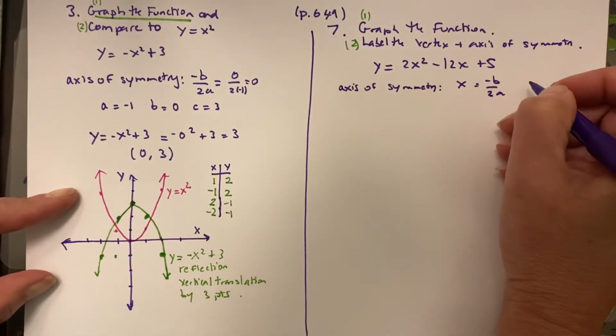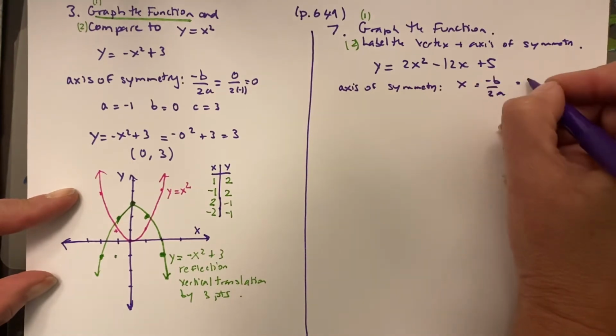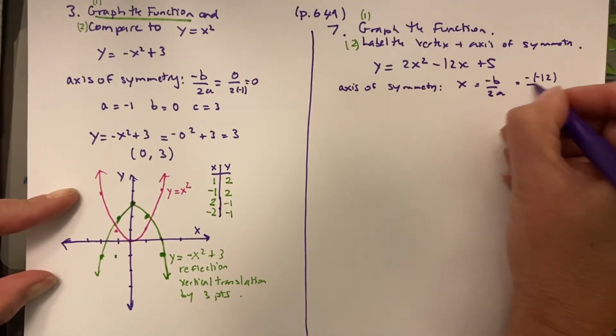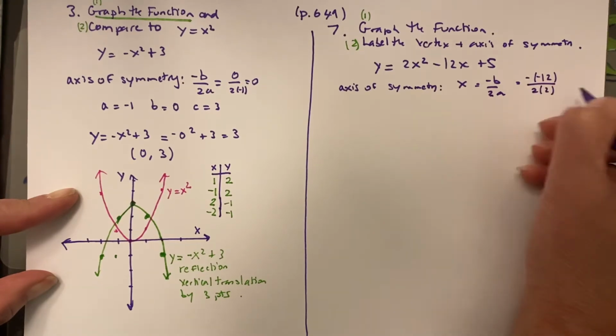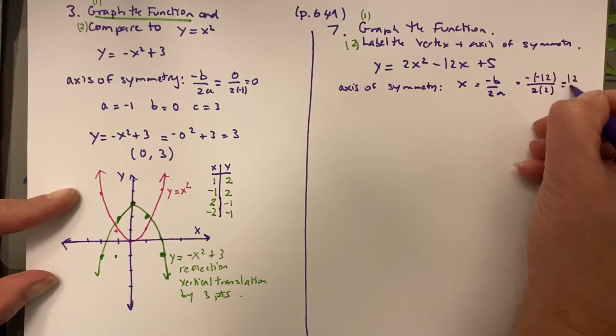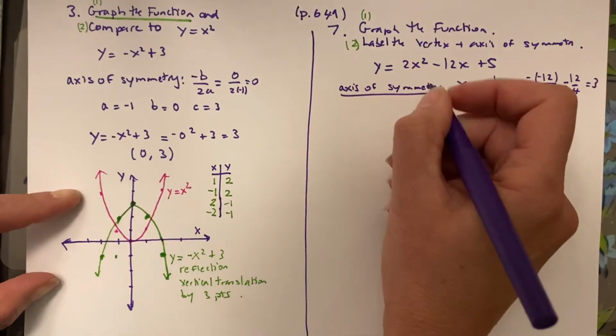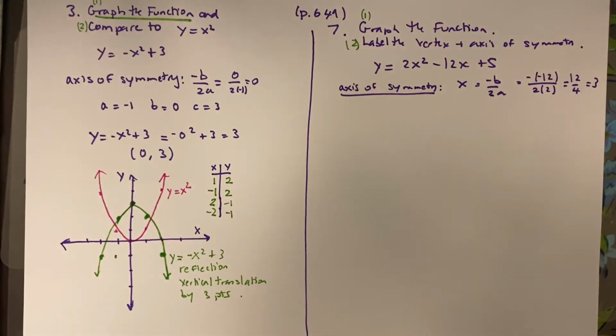And so my axis of symmetry is going to be negative 12, since b is negative 12, over 2 times 2, which is a. So I get 12 over 4, which is 3. So my axis of symmetry is going to be x equals 3.